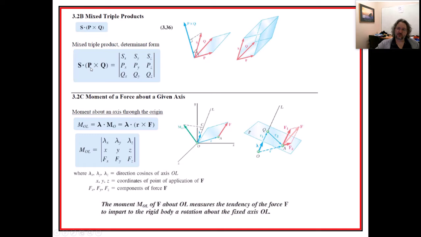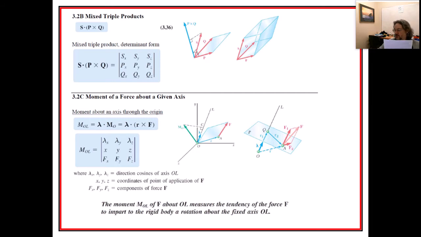But the first order of operation is to cross P and Q together, right here. So you cross P and Q, and then we get a new vector out of that, this blue one right here, and then we dot product it against S. This is a crazy way of trying to find a volume, right?